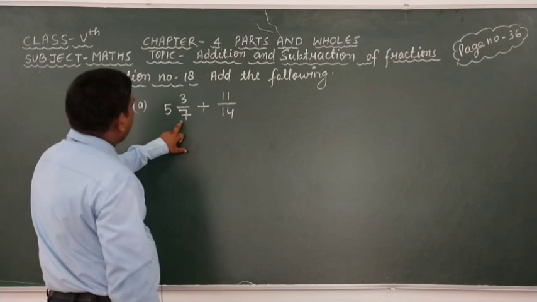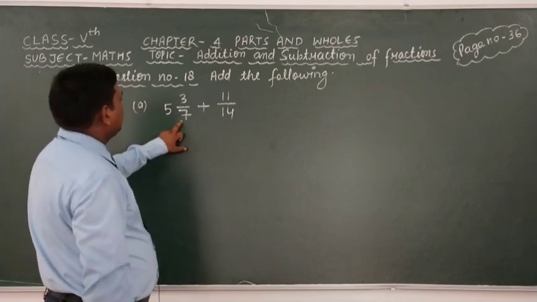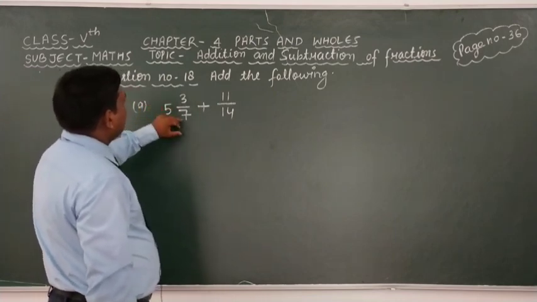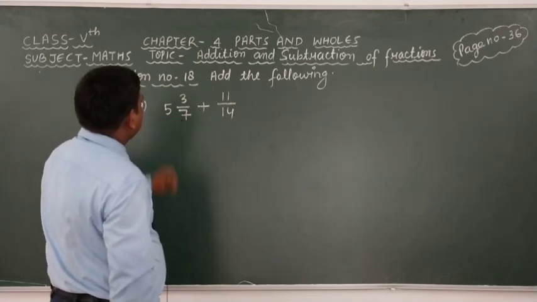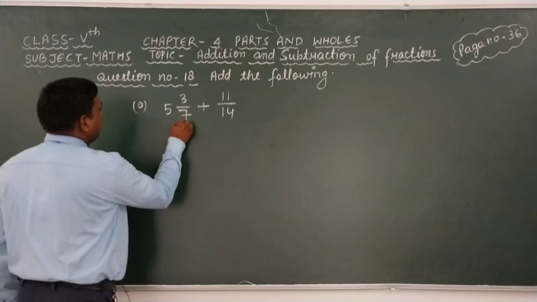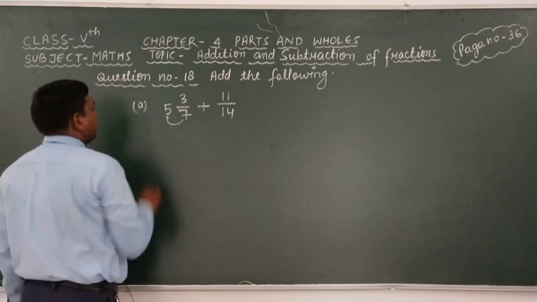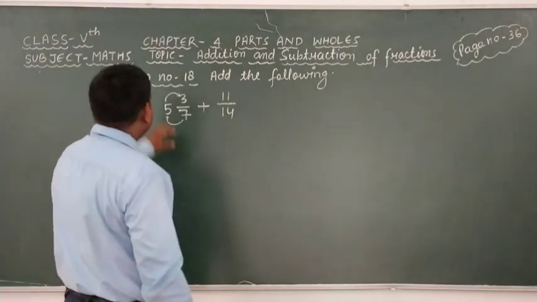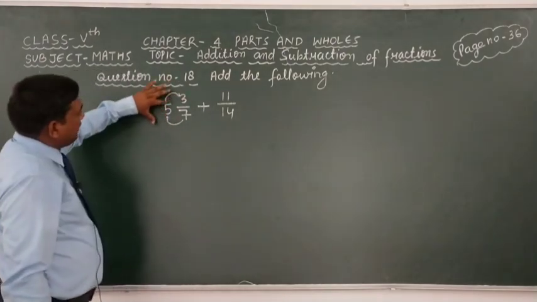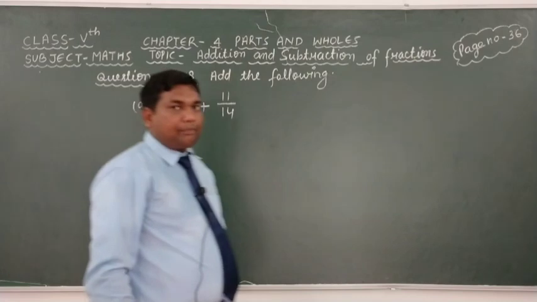Firstly, we have to take the multiplication of 7 and 5, then add 3, for changing the given mixed fraction into an improper fraction.